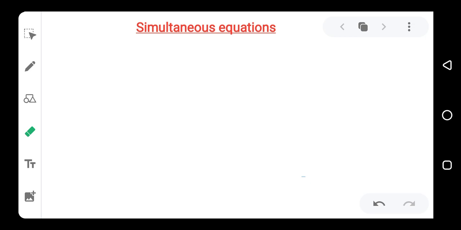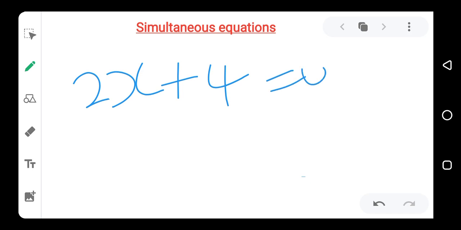For instance, we can have 2x plus 4 is equal to 0 in normal equation. Now, in this case, there is only one thing that we don't know. We don't know the value of x. This is what we don't know.